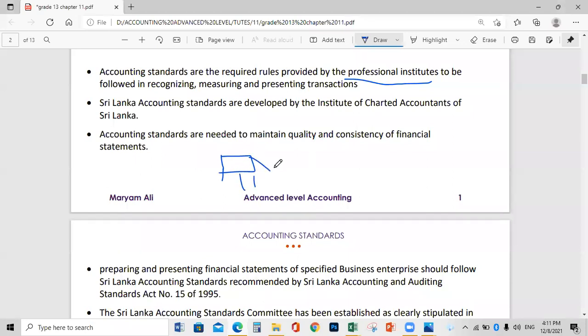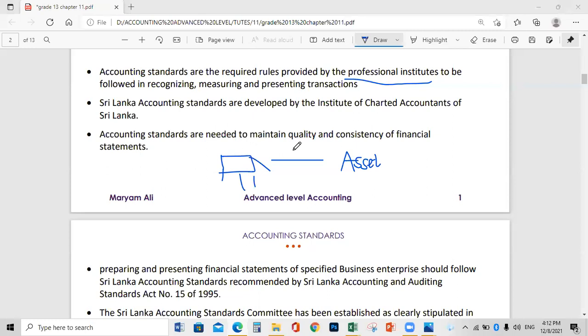Recognizing this table means you have found that it satisfies all the definitions and conditions related to assets. So we have come to the conclusion that this table is a non-current asset.